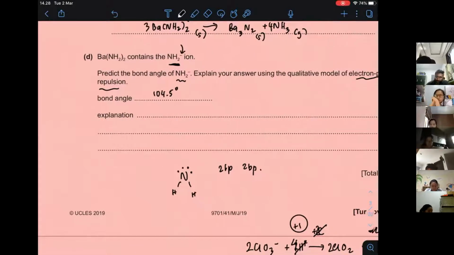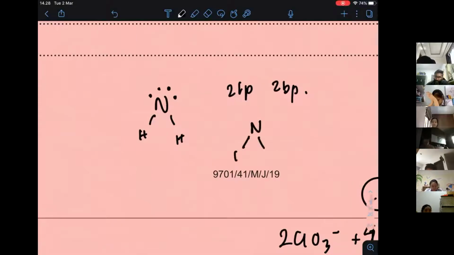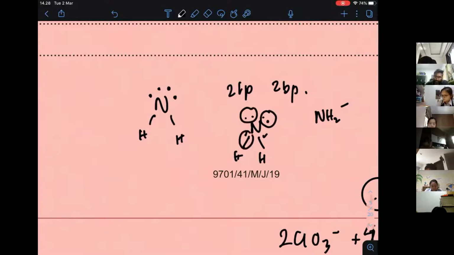When we have nitrogen alone, one electron is used here, another electron is used here. So you have 3 more electrons because nitrogen has 5 valence electrons. Because of the NH2 minus, there's one more electron over there. So you are going to get 2 lone pairs of electrons and 2 bonding pairs.